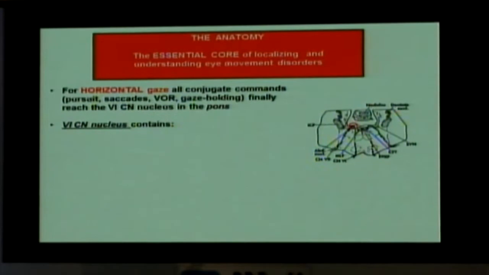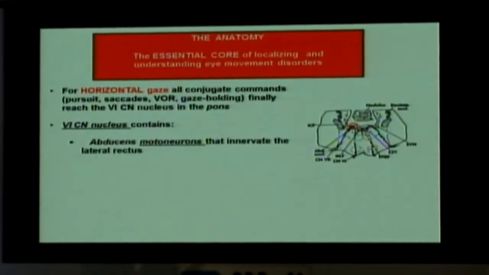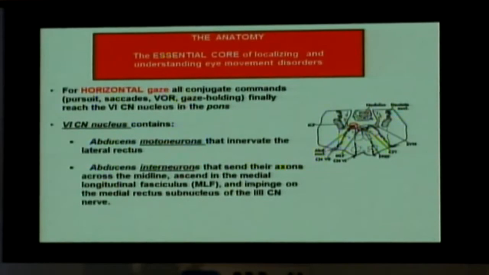What does the sixth nerve nucleus contain? Motor neurons, abducens motor neurons that innervate the lateral rectus muscle, and importantly, abducens interneurons. They send their axons across the midline, they ascend in the medial longitudinal fasciculus, and they impinge on the medial rectus subnucleus of the third cranial nerve.